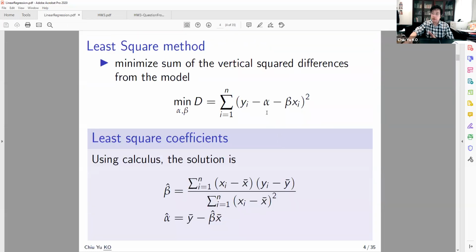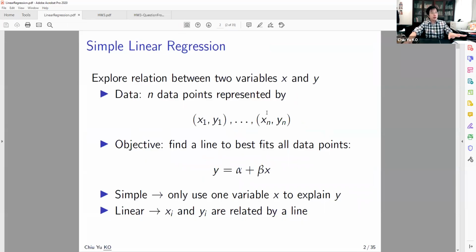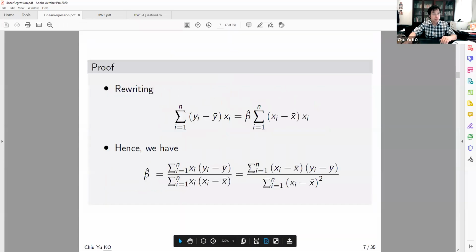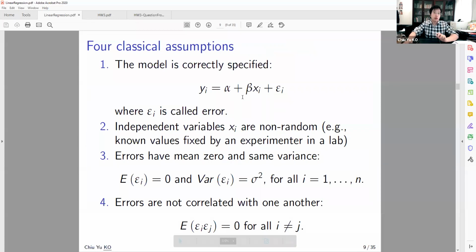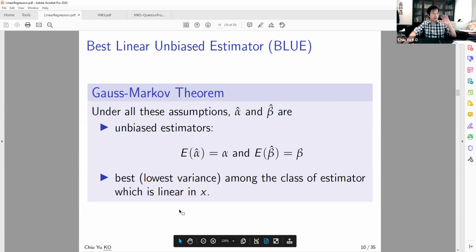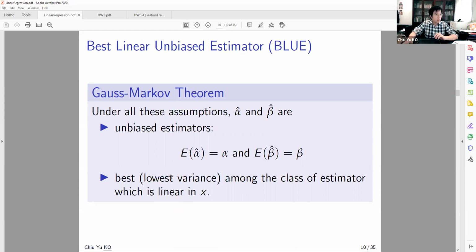Before the break, what we covered so far is a scatter plot of X and Y, and we know how to minimize the vertical distance with this formula. We showed that if you follow these classical assumptions, which have a lot of restrictions, maybe 1 is okay, but 2, 3, and 4 are a little bit of an issue. 1 is the least problematic, but 2, 3, and 4 are a little bit uncertain. And the Gauss-Markov theorem says that would be the best estimate if you focus on linear combinations of X. This is what you call the best linear unbiased estimator.